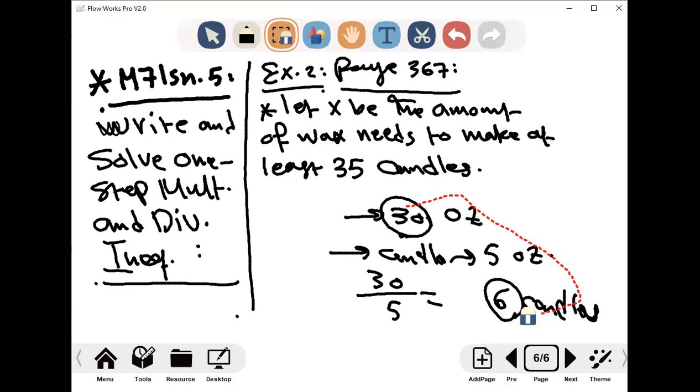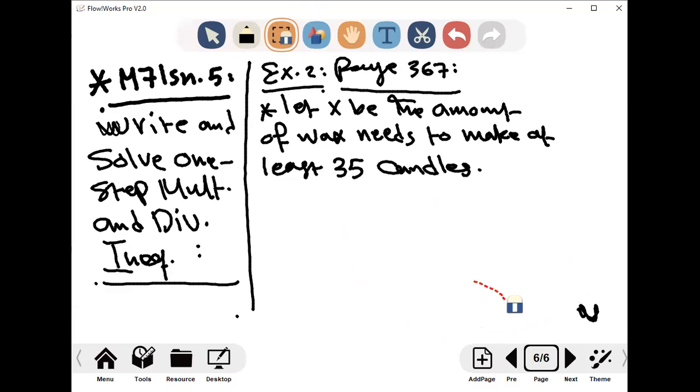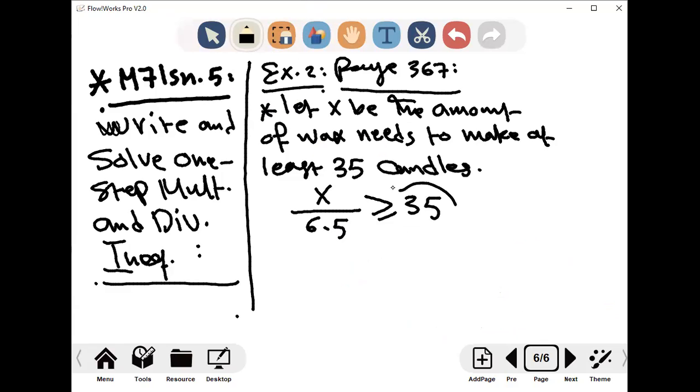Okay? Done? Yeah. So let's write our inequality. Now x, the amount of wax, divided by the wax each candle needs, 6.5, is at least, more than or equal to, 35 candles. This is the inequality.